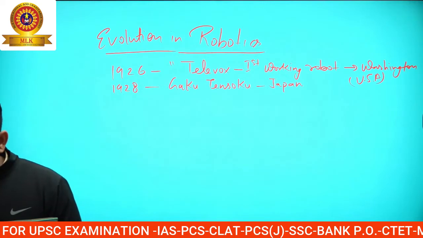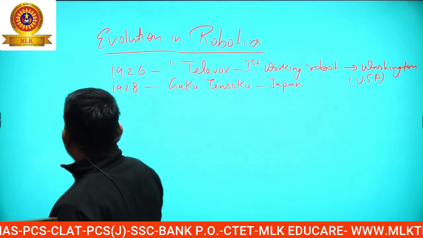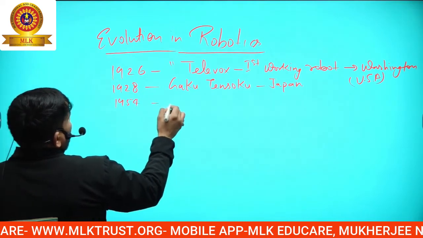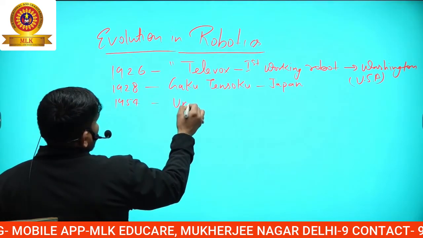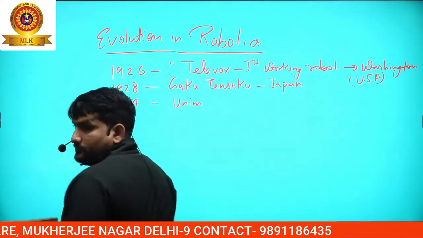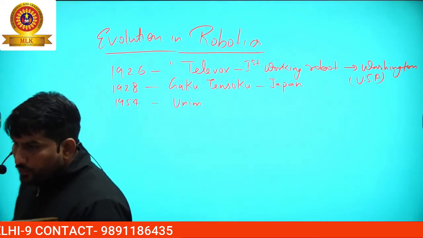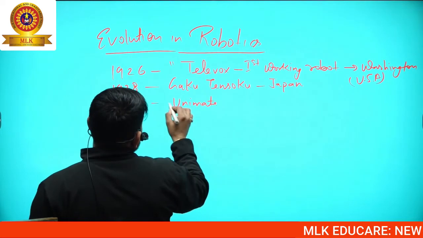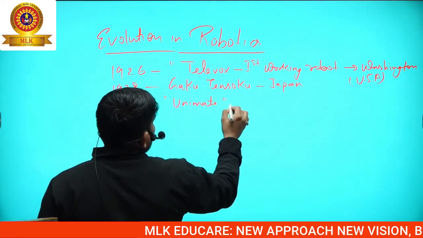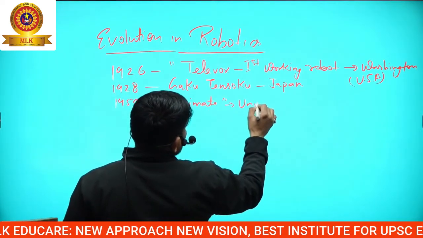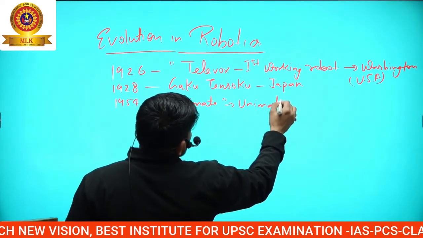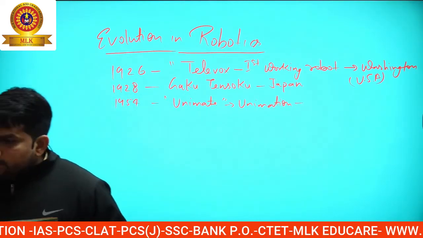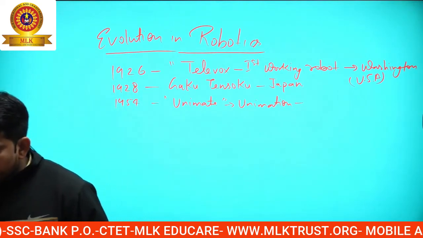And in the year of the 1954, there is a robot named the Unimate. Unimation से बना है ये. Okay, Unimation. And this is the first digital robot.